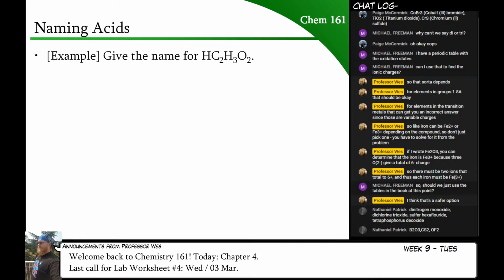So let's do some examples here. Give the name for this compound. This polyatomic ion right here is acetate. Acetate ends in "ate", so we're going to get rid of that and then write "ic acid" for its name.